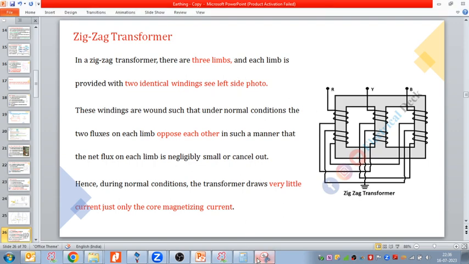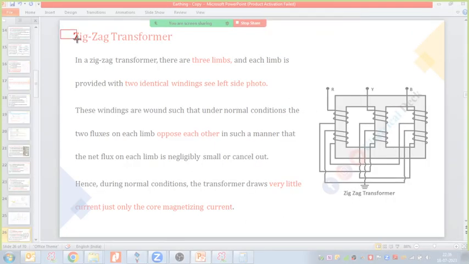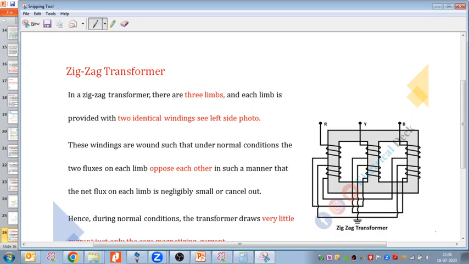If you see over here, let me take a snapshot just for a clear understanding. Interconnected. So the R phase comes over here, goes to the back side of the core, then comes on the front side, goes back side, comes front side, goes back, and then it comes out, then interconnected.